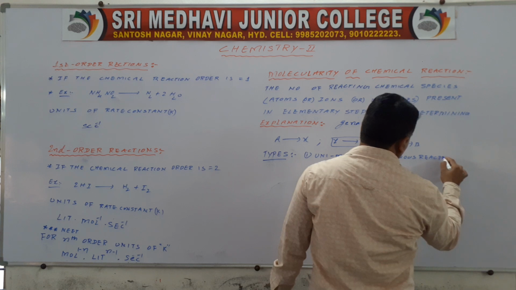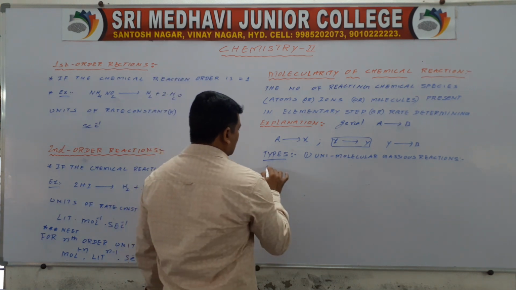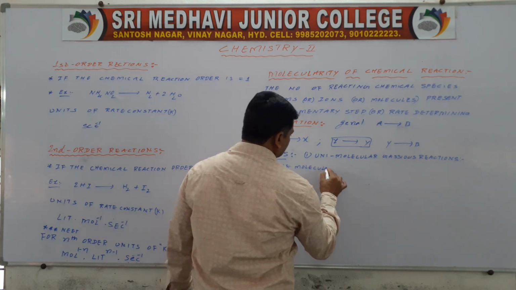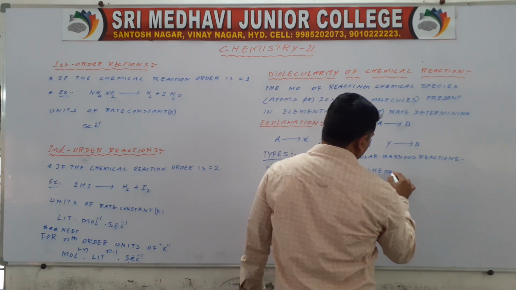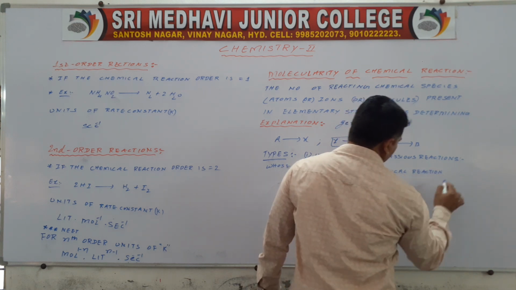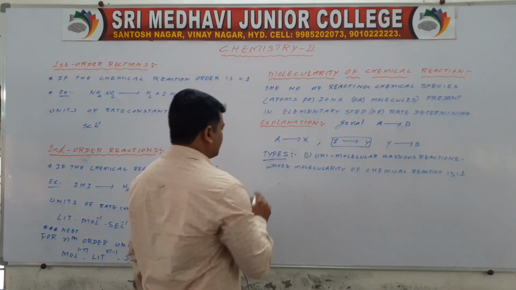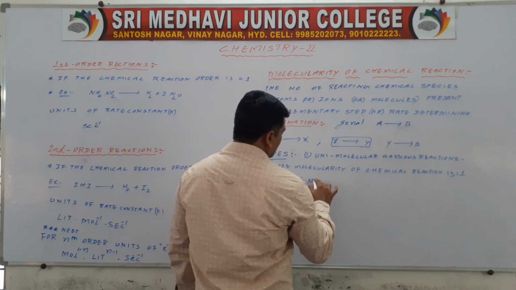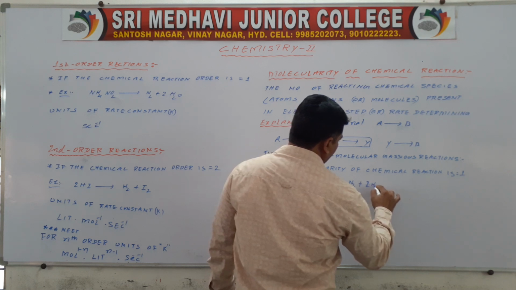Whose molecularity of chemical reaction is 1 is called a unimolecular gaseous reaction. Example: NH4NO2 gives rise to N2 plus 2H2O.